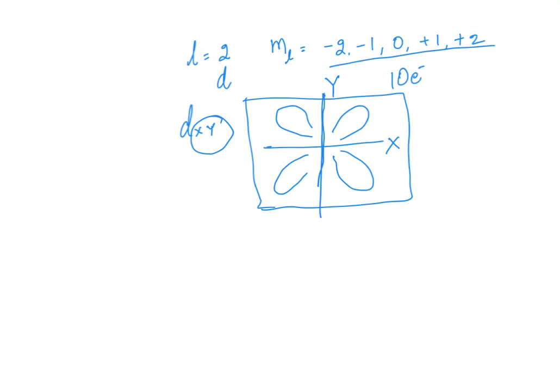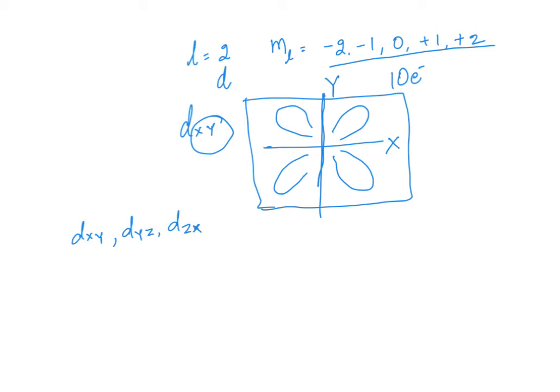Okay, and then like this, there are other orbitals, dyz, dzx, so all of them, dxy, dyz, and dzx. They are all oriented in these respective planes.